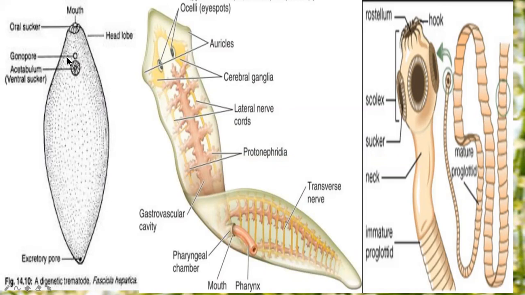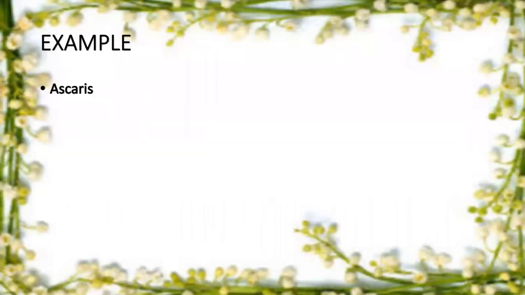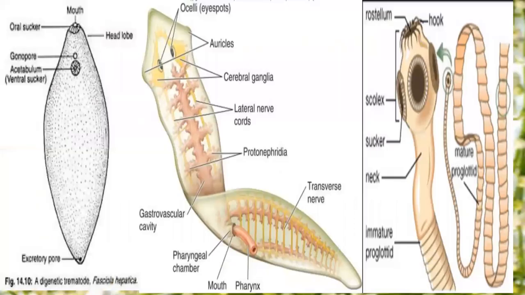Now, there is a gonopore, the reproductive organ, and this is the ventral sucker. It has two types of suckers. Inside the body, it has a branch-like system for digestion of the food.